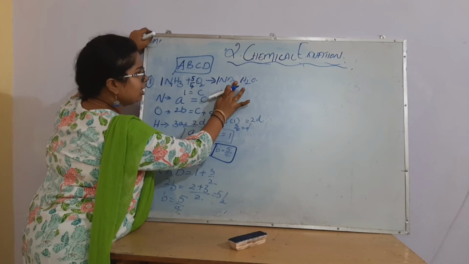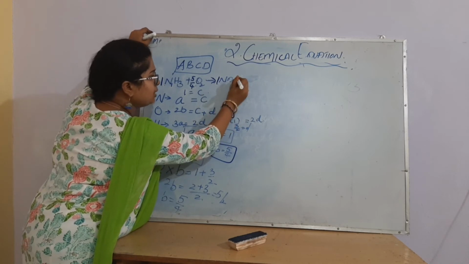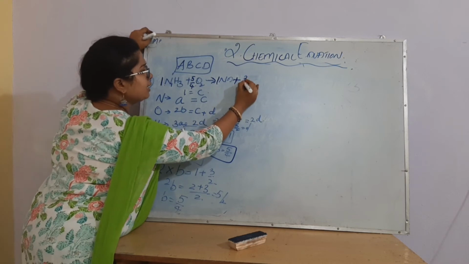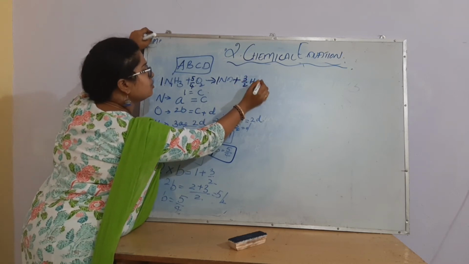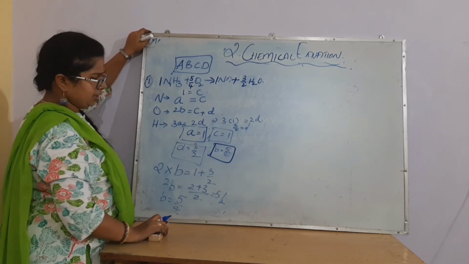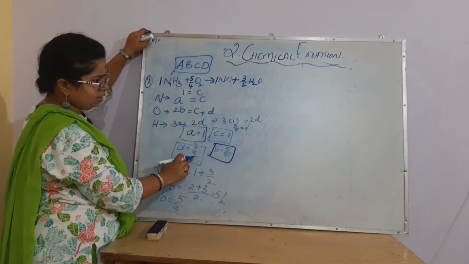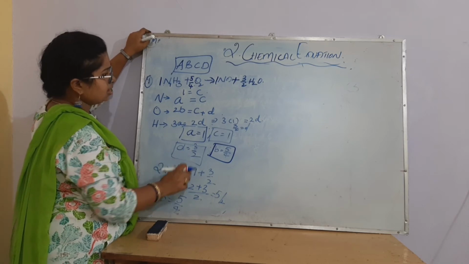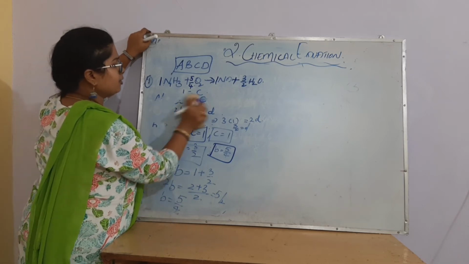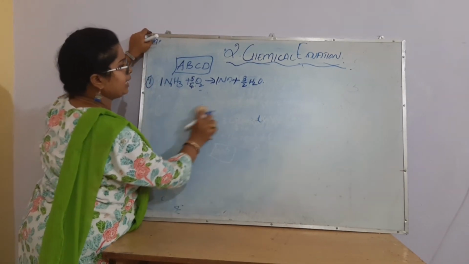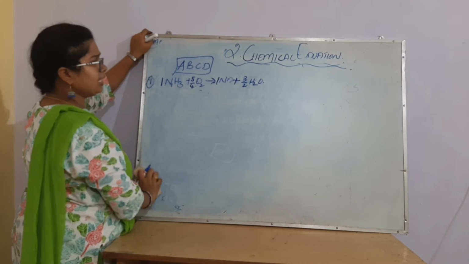Here no D. How much H2O will I write? D is 3 by 2, so 3 by 2 H2O. Oh, I got it in fraction form. So what shall I do now? Yes, 3 by 2 only we are going to get. Fractional form you are going to get. Then I need to multiply. With what shall I multiply?